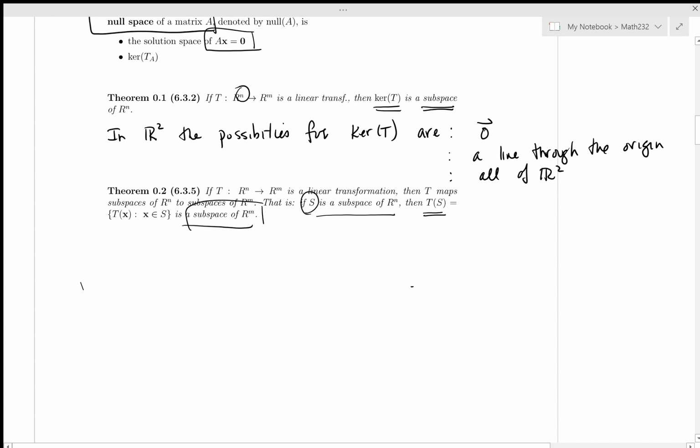So your collection of vectors in your range will for sure be a subspace. So this is saying that T maps subspaces to subspaces.